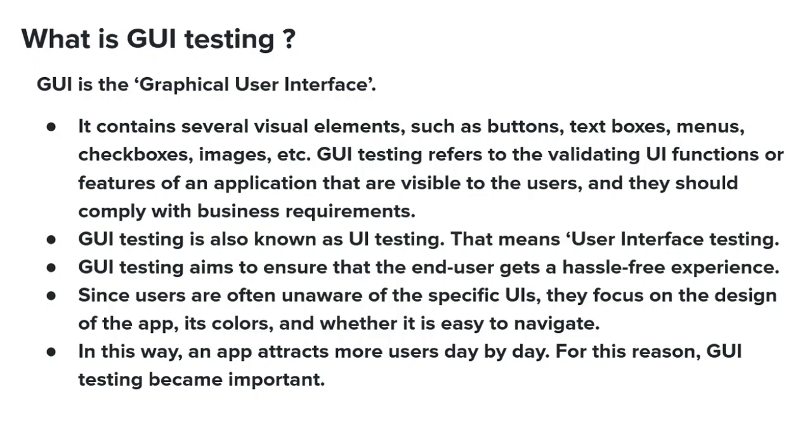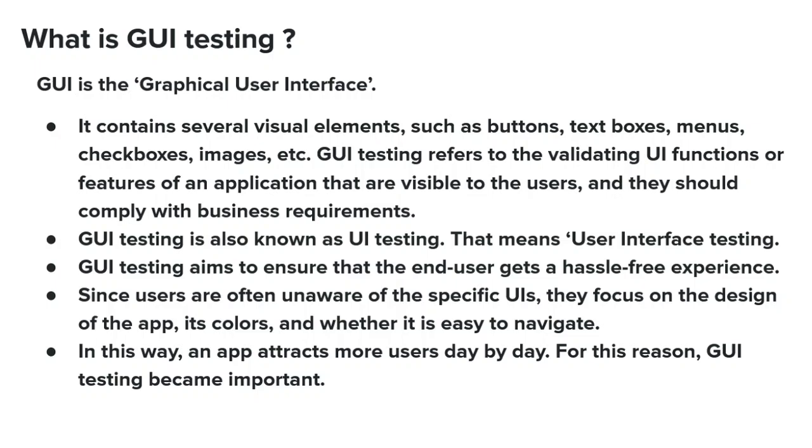Since users are often unaware of the specific UI element, they focus on the design of the app. So that's why UI testing focuses on the design of the application, the colors displayed on that application, whether it is easy to navigate or not, whether links are properly displayed and clickable, what the look and feel of the website is, what the text font size is, whether the sections are properly displayed, whether images are correct or not.